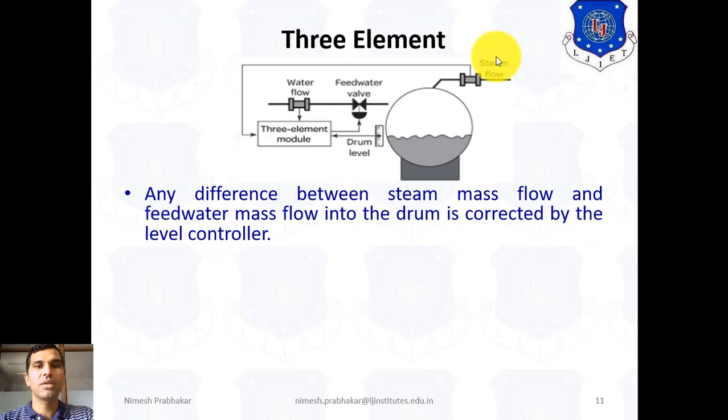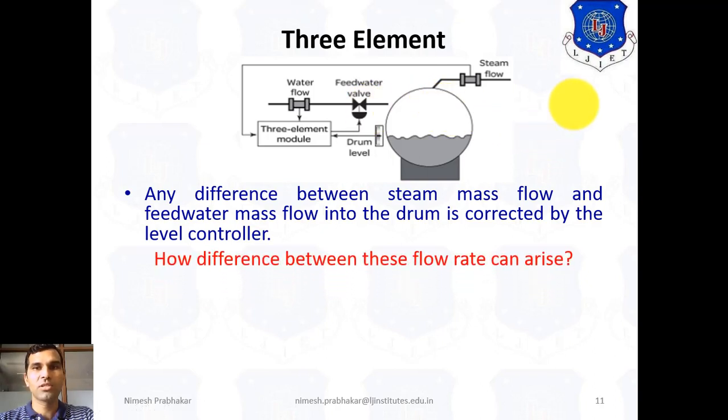Any difference between the steam mass flow and the feed water mass flow into the drum is corrected by the level controller. That means any difference between the steam mass flow production and the feed water flow is corrected by the controller by using the feed water valve.